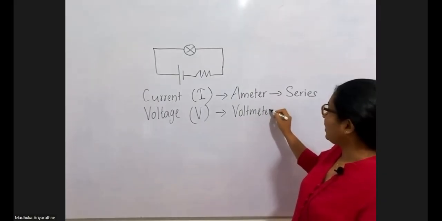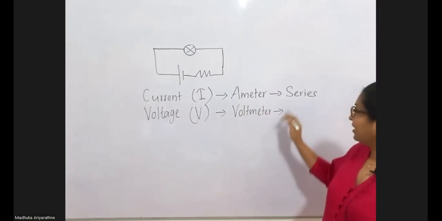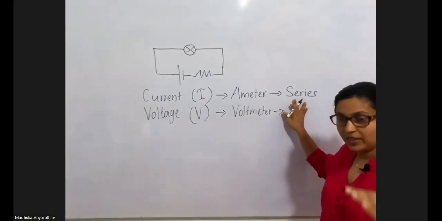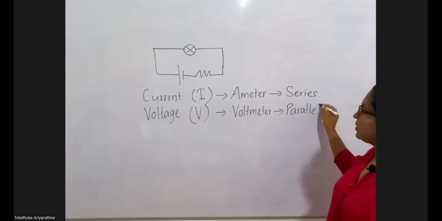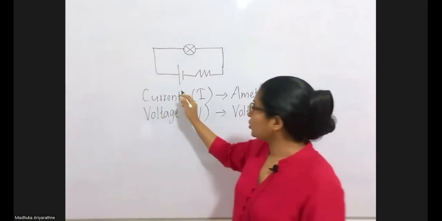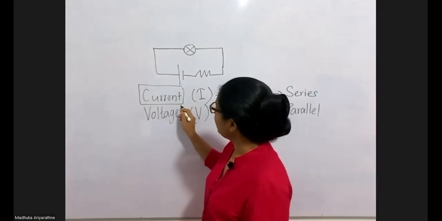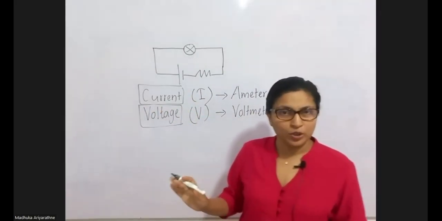And how do we connect the voltmeter in the circuit? Is it in series? No, it should be connected in parallel. So current and voltage, these two are very important in a circuit.